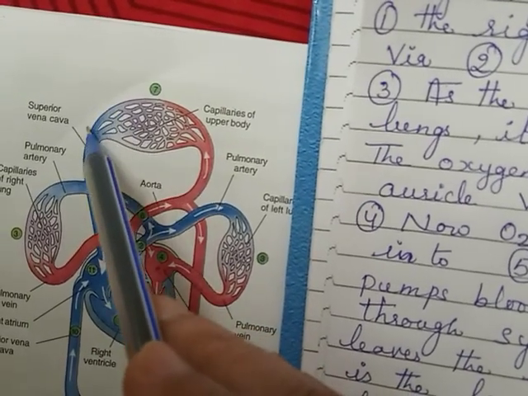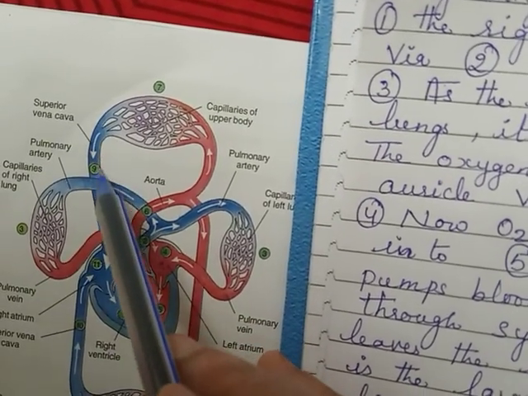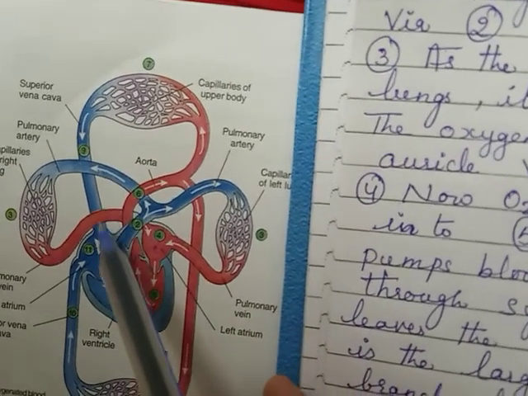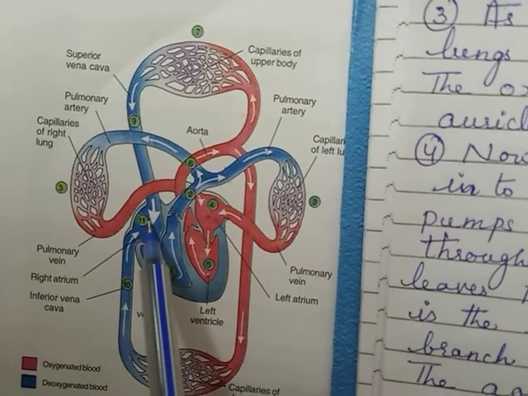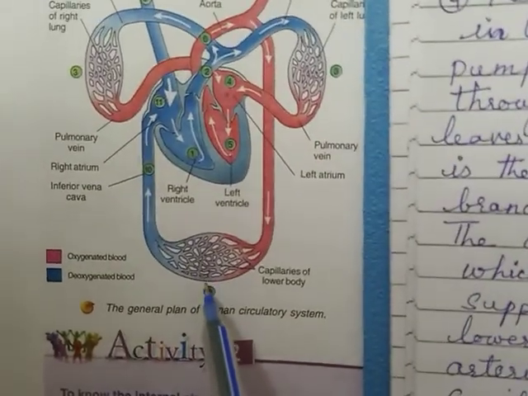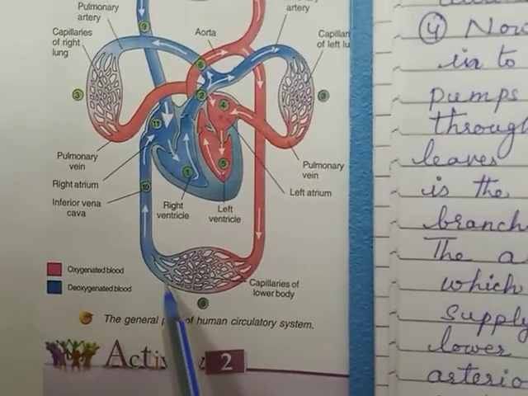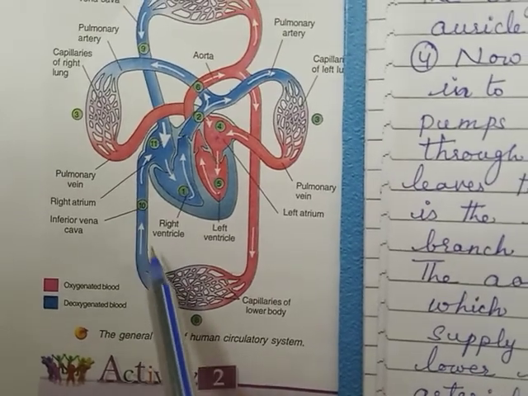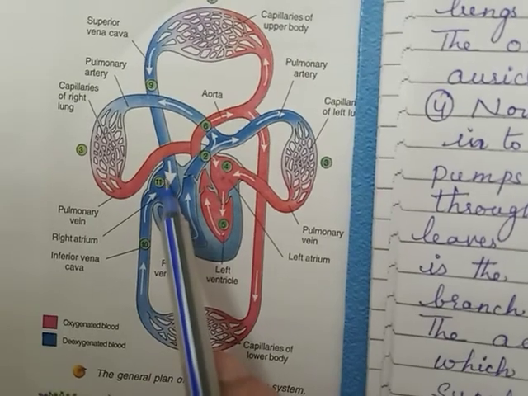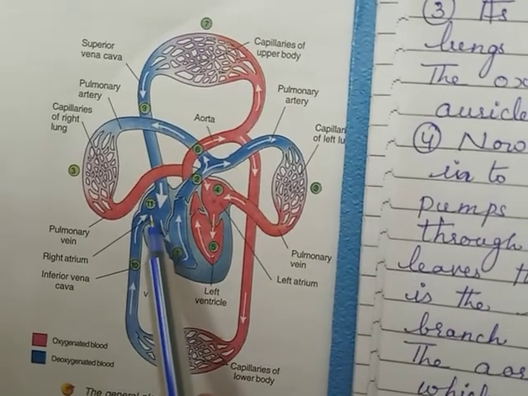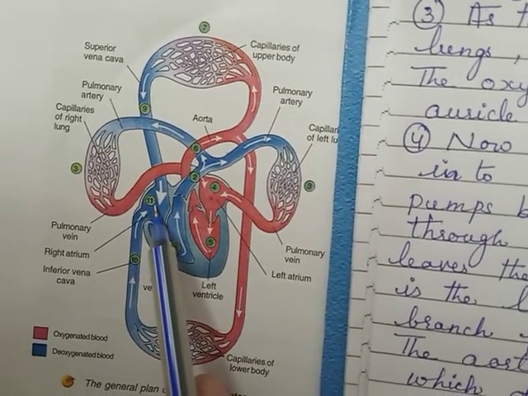From the upper parts of the body, the superior vena cava brings the blood and pours it into the right auricle. In the same way, from the lower parts of the body, this inferior vena cava brings the deoxygenated blood, and it also pours into the right auricle.